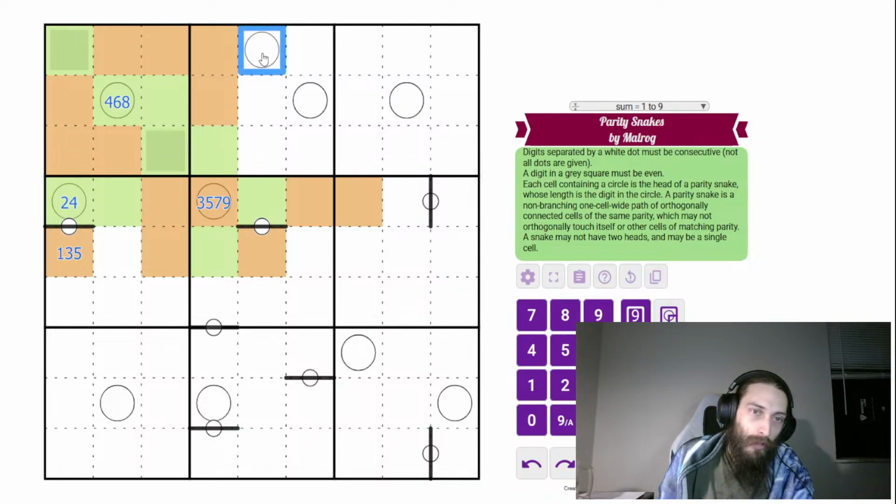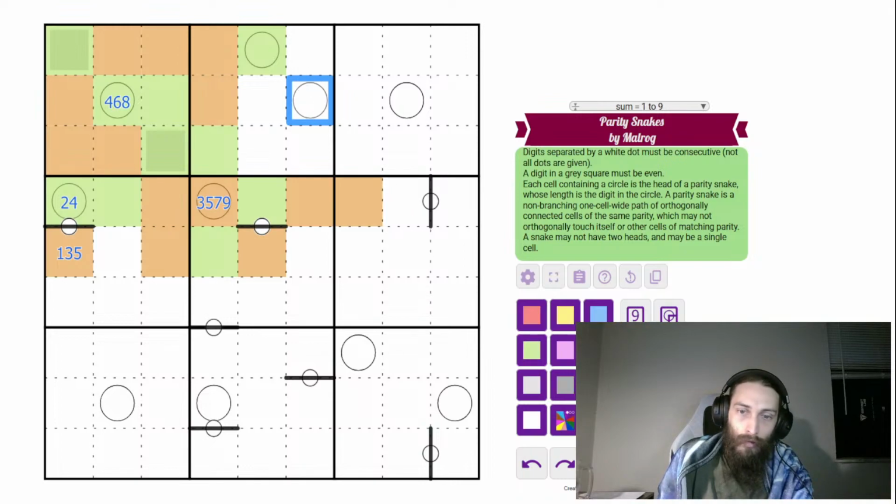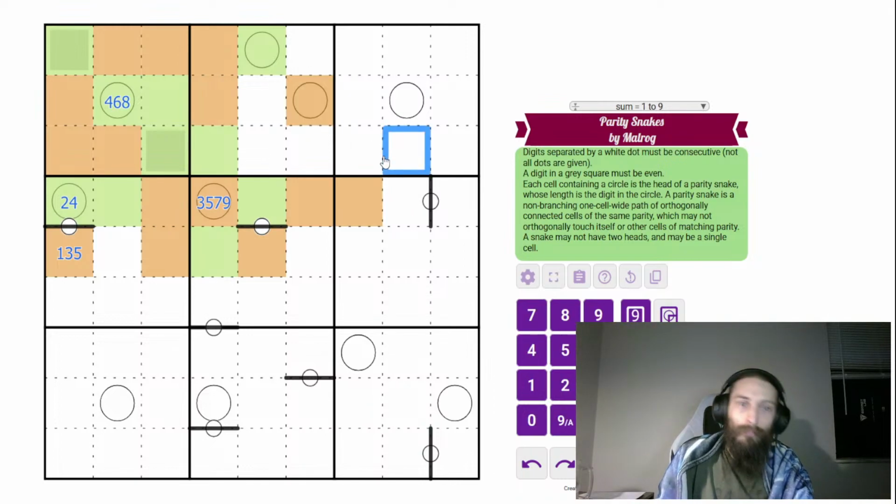So now, this one cannot be odd, it would branch, so it must be even. And it has to be at least 2. So it has to extend to one of these two, and since this is another snake, that has to be odd.